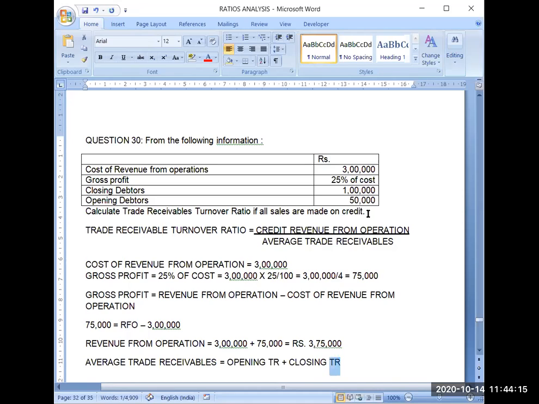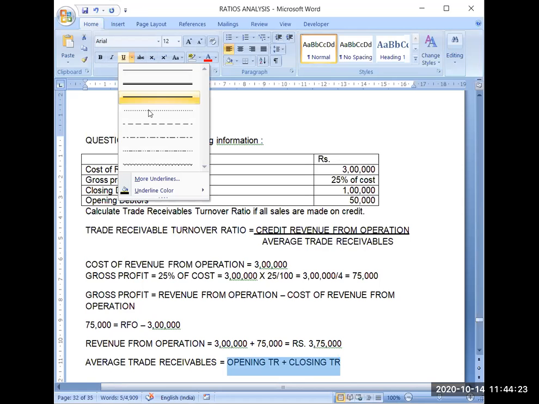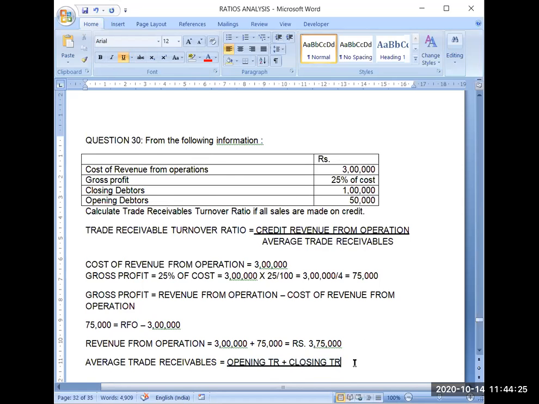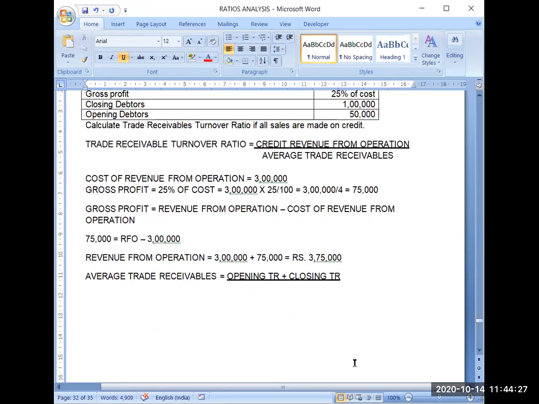Always write in full. Don't write abbreviations in exams. And always write the formula also. Divided by 2.